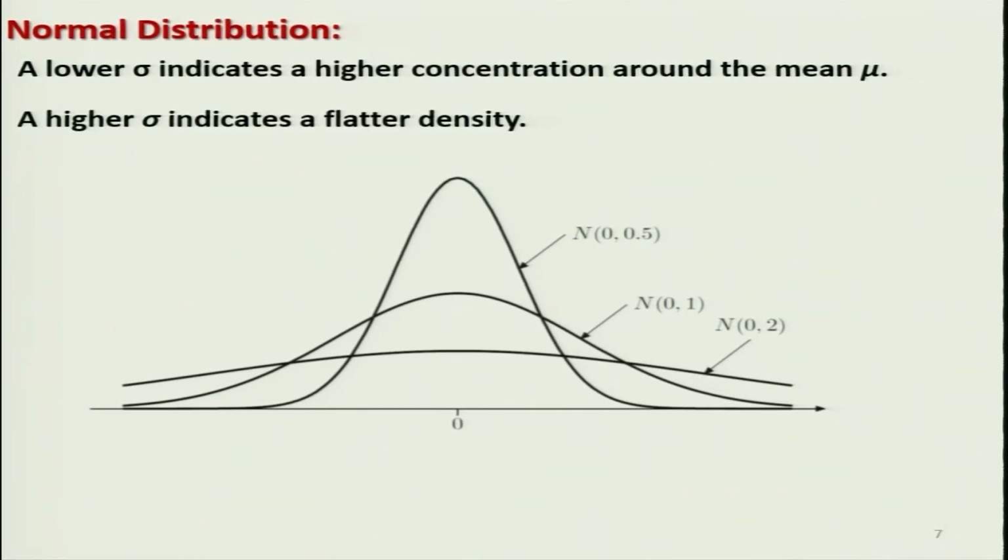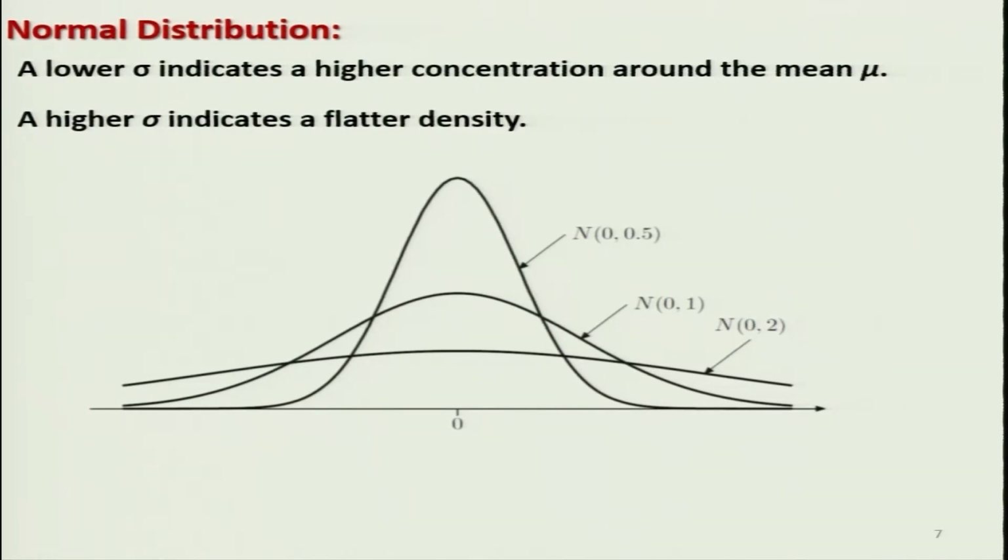Now, let me try to show you what is the meaning of sigma square. Obviously you know now that sigma square indicates the variance. So, now you know that if the variance is low, that means there is a higher concentration around the mean value, and if the variance is higher, then there is a smaller concentration around the mean value, right.